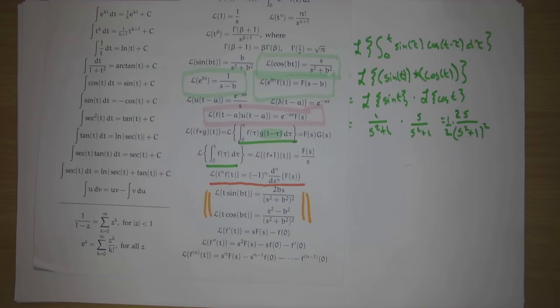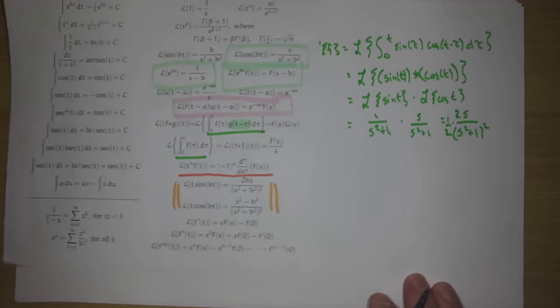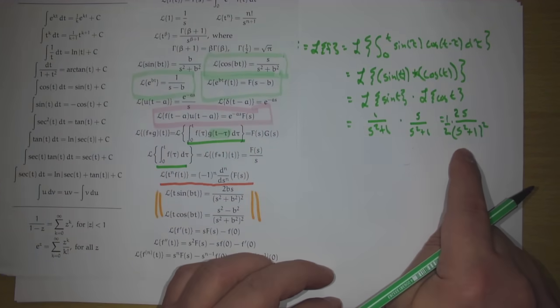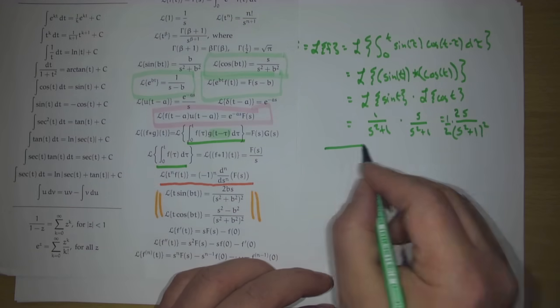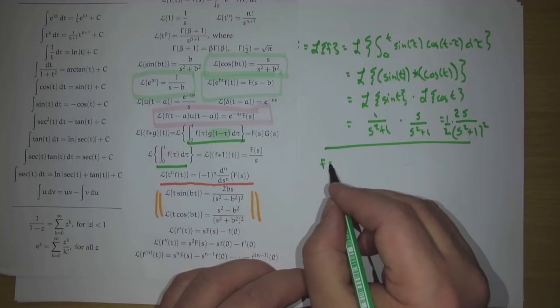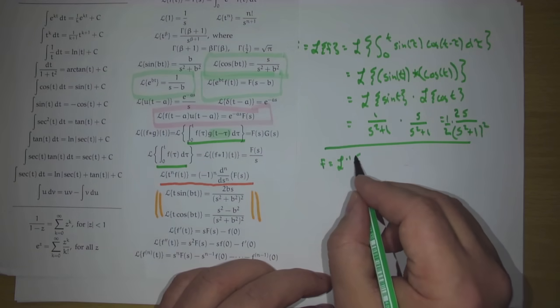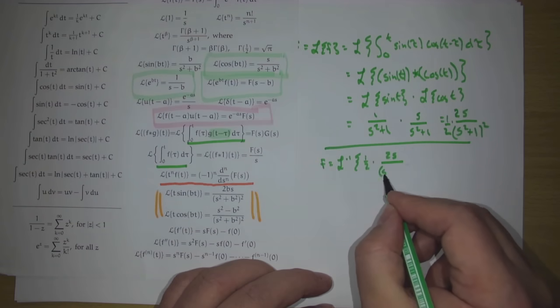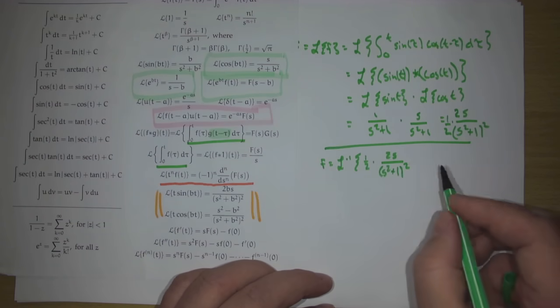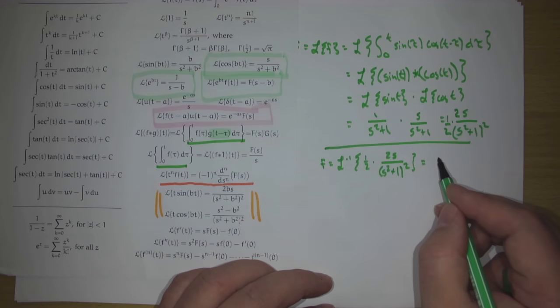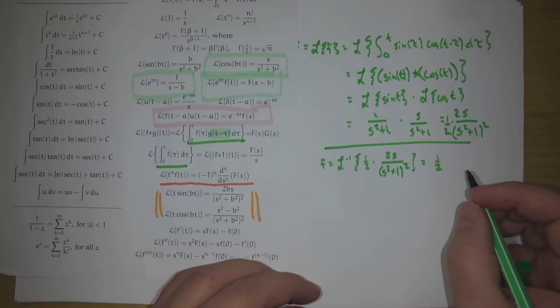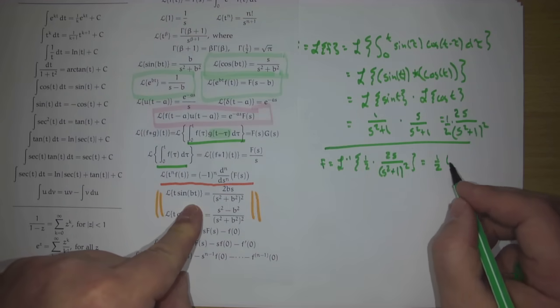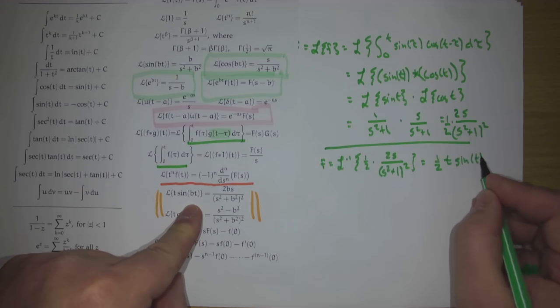And now our great aha. We know how to take the inverse Laplace. So our answer, f, is the inverse Laplace of 1/2 times 2s over s squared plus 1 squared, which is 1/2 times t sine t.